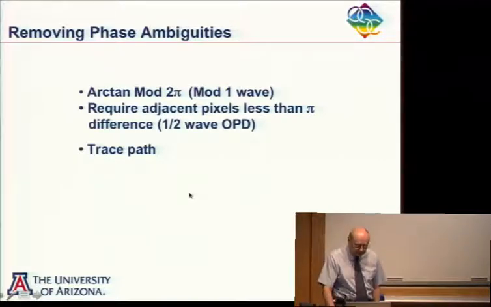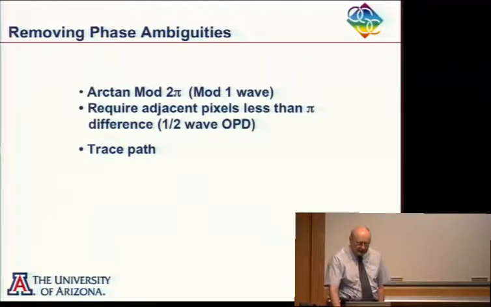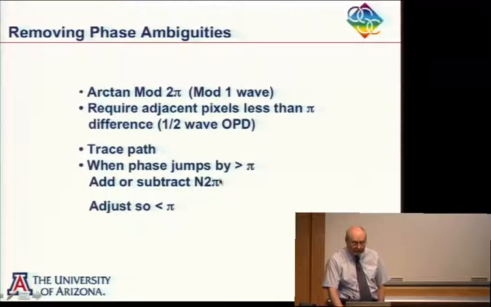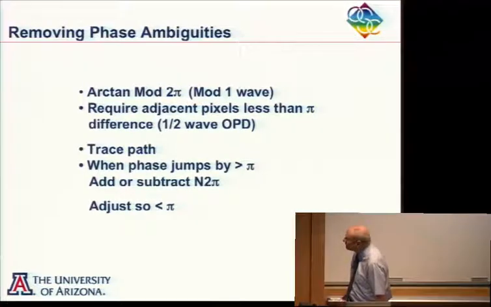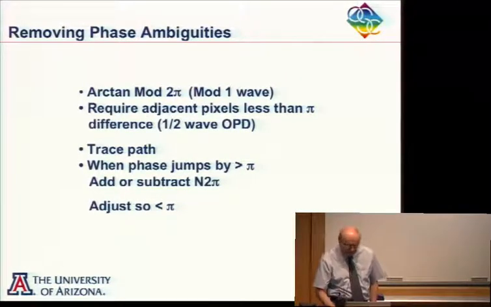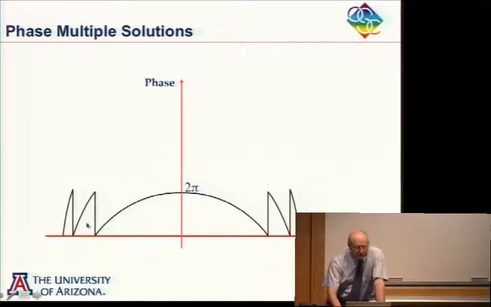So what I'm going to do is trace my path going across the fringes. Whenever the phase jumps by more than pi, I'm going to add or subtract some integer number of 2 pi's, so the phase difference is less than pi. What does that mean here? I'm measuring something like this. Now I have these steps here that are 2 pi.